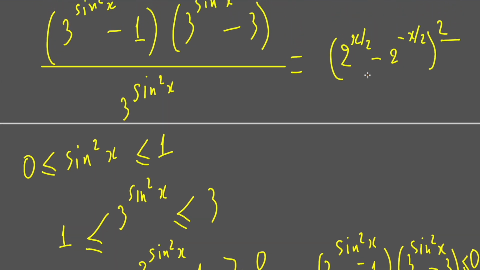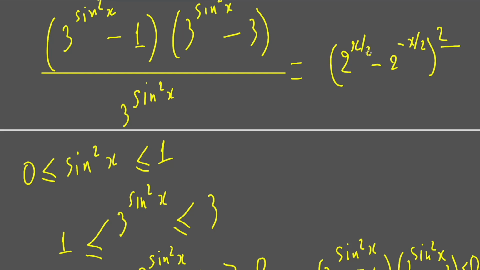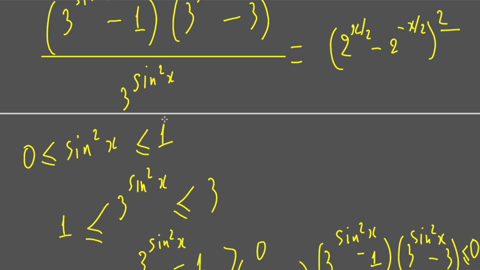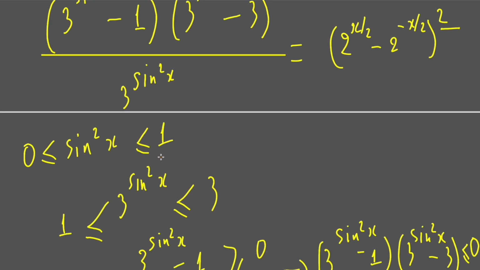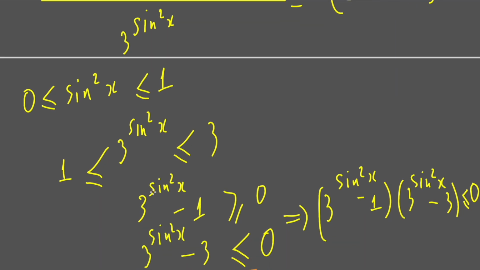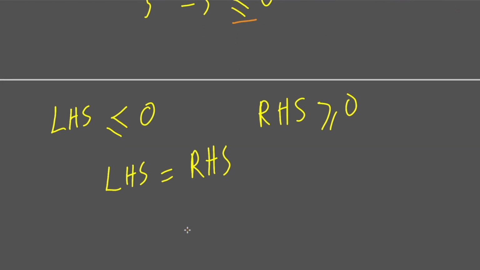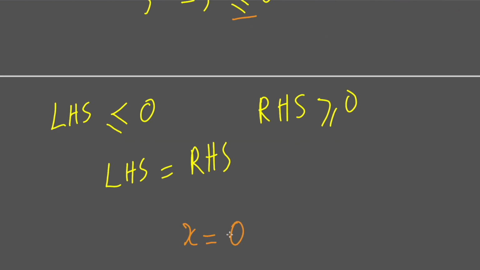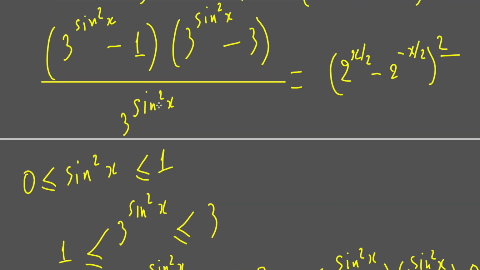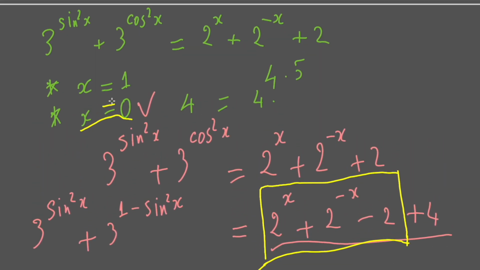And the equality happens when 2 power of x over 2 equal to 2 power of negative x over 2 and sine x equal to 0. It means x has to be equal to 0. Finally, this is the root of the equation, the same as the guessing value at the beginning.